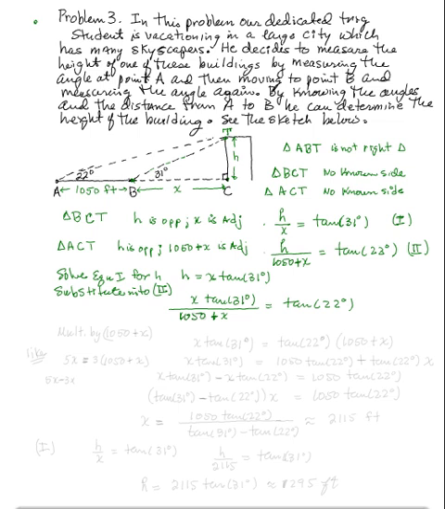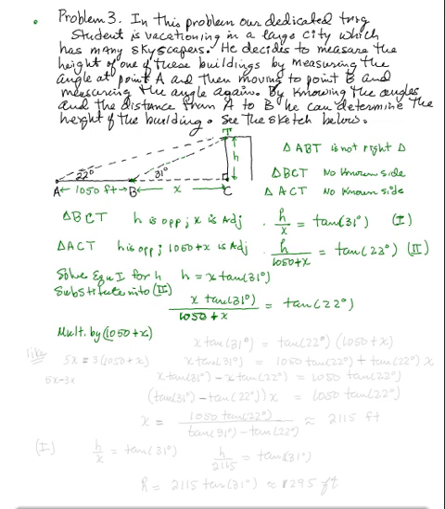So, to do that, we need to, first of all, get the equation written so there's no x in the denominator anymore. So we need to multiply both sides by 1050 plus x. I misspoke there. 1050 plus x.